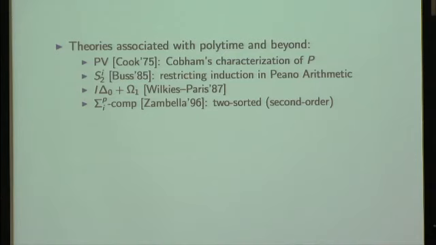And Zambella's theory called Sigma-1-P comp. What distinguishes Zambella's theory from the rest is that it is a two-sorted, or second-order, theory. And this is the two-sorted syntax over which the families of theories that we are going to see later will be defined.